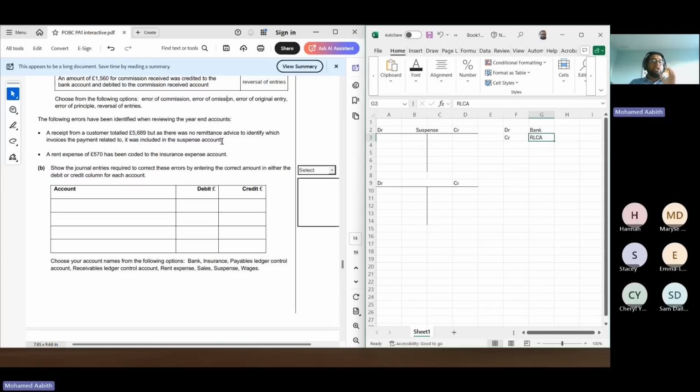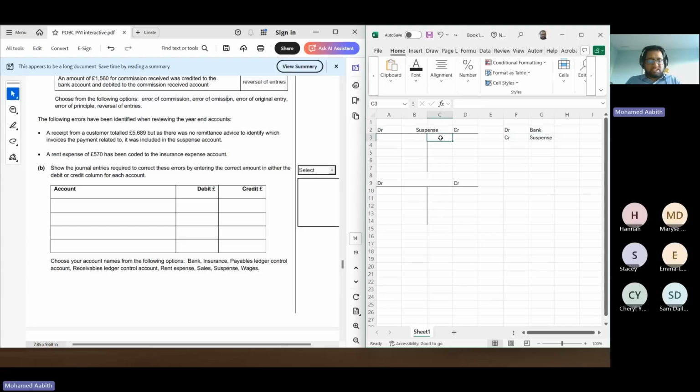That proves the usage of the suspense account as a holding account until we find where it needs to go. If I just did credit RLCA, the problem is going to be what? We don't know which account to allocate it to. So instead of doing that, they put it into the suspense account.